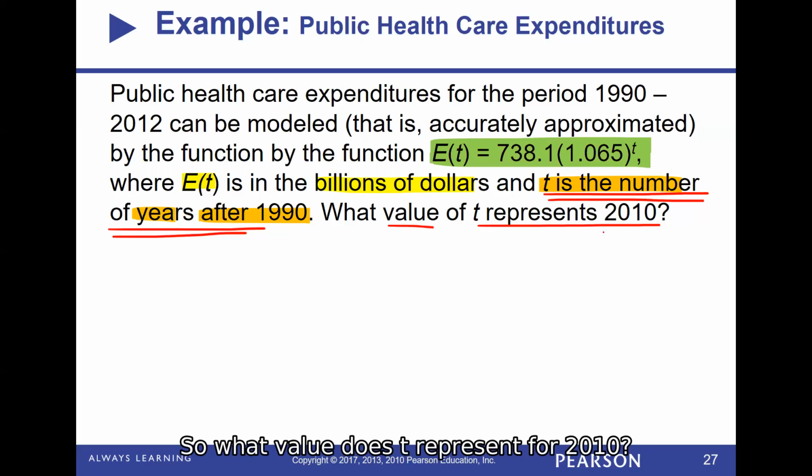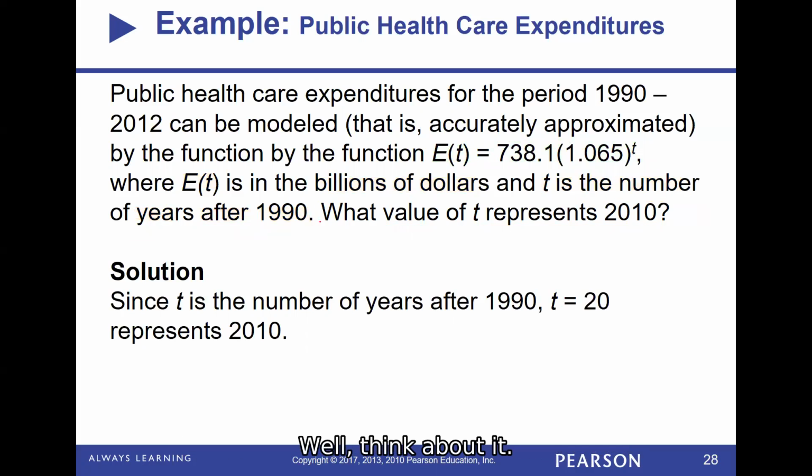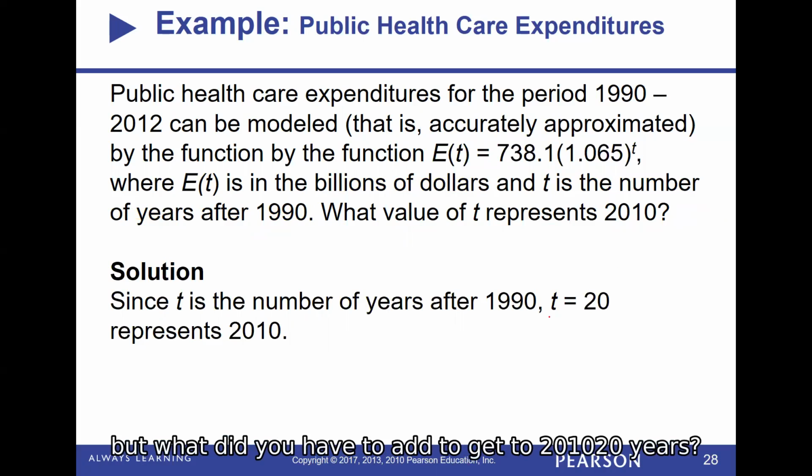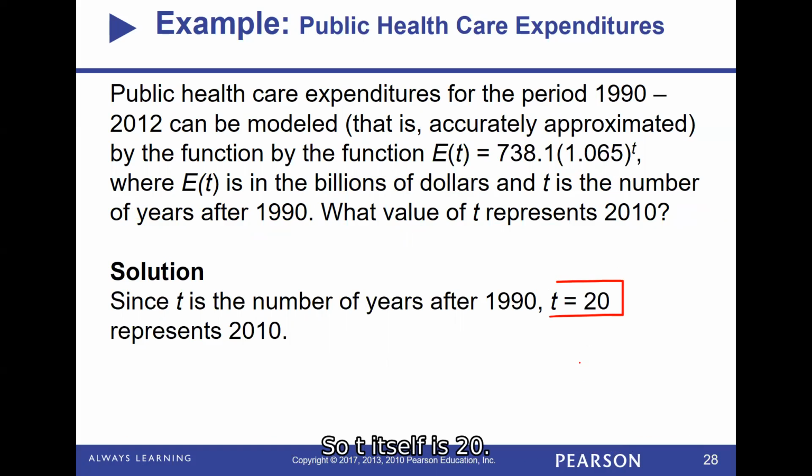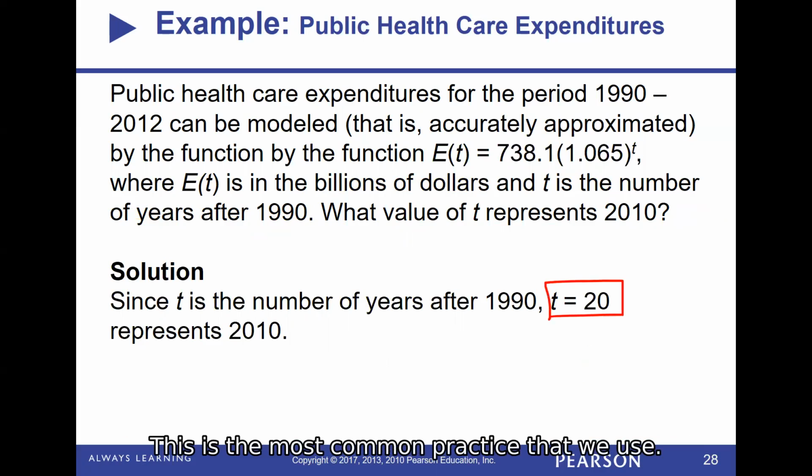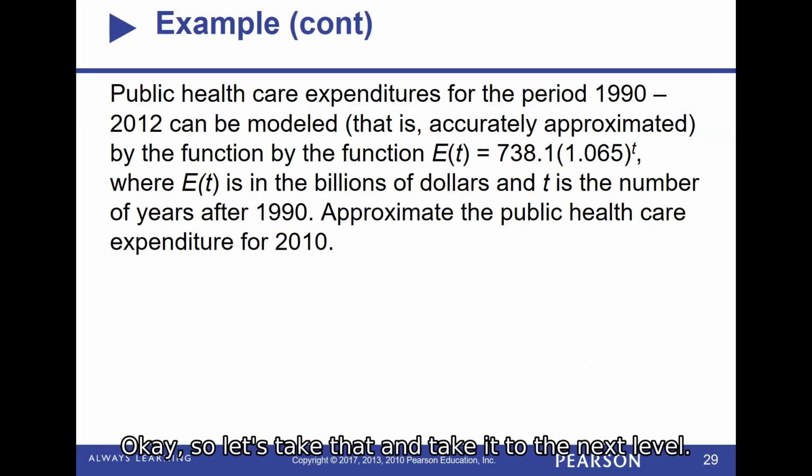So what value does t represent for 2010? Well, if t is the number of years after 1990, how many years have passed to get to 2010? Well, 20. Think about it. If you literally keep adding, you're going to get 2010, but what did you have to add to get to 2010? 20 years. So t itself is 20. And this is the most common practice that we use. Okay, so let's take that and take it to the next level.